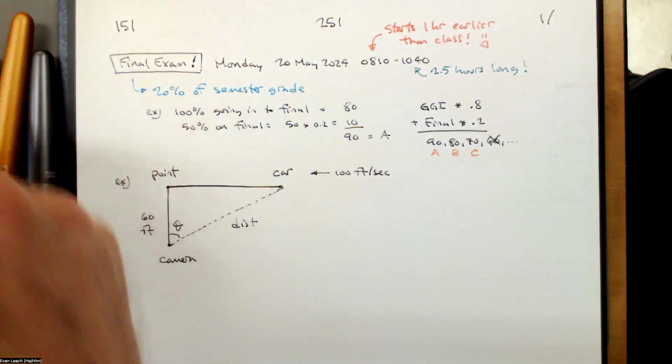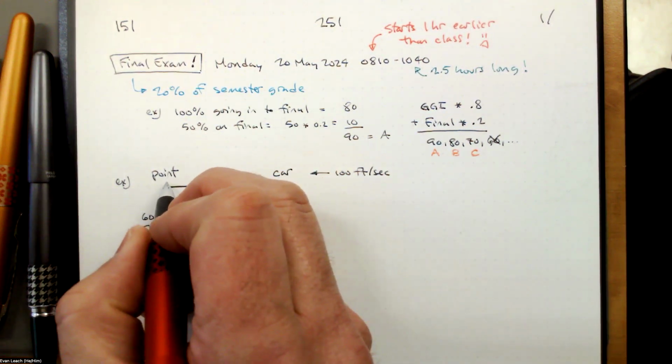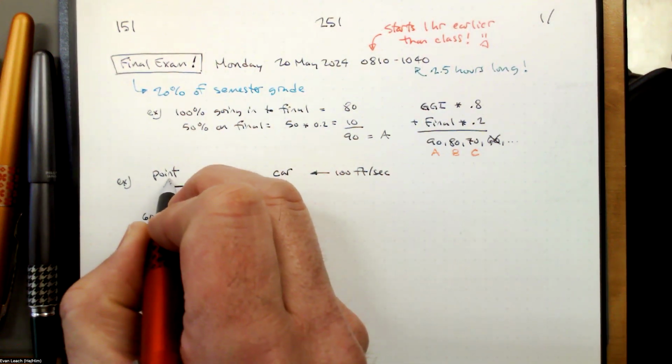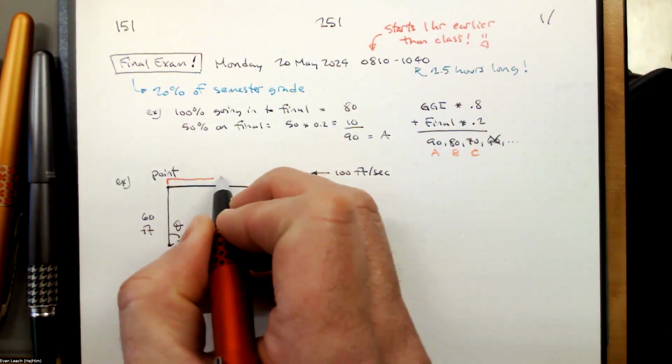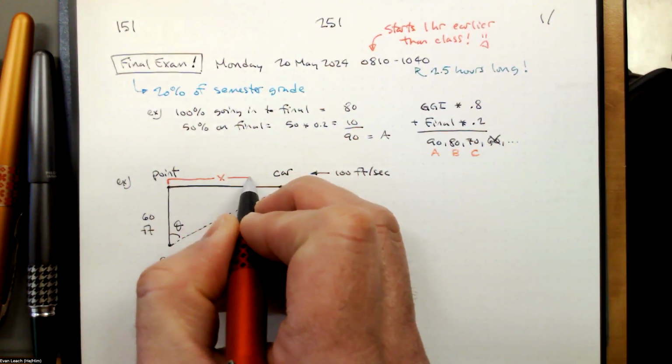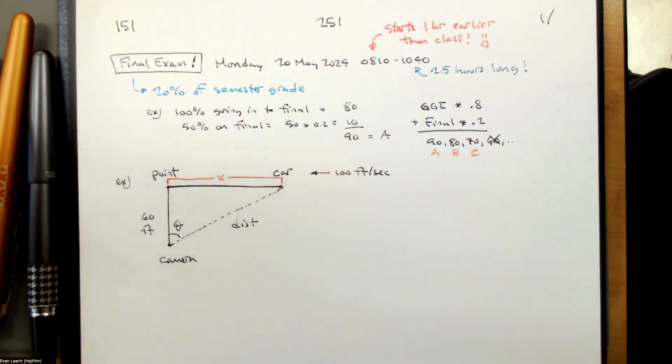So what is missing from this problem is some labels on things. So I'm going to give this distance, the distance from the car to the point, the label x.